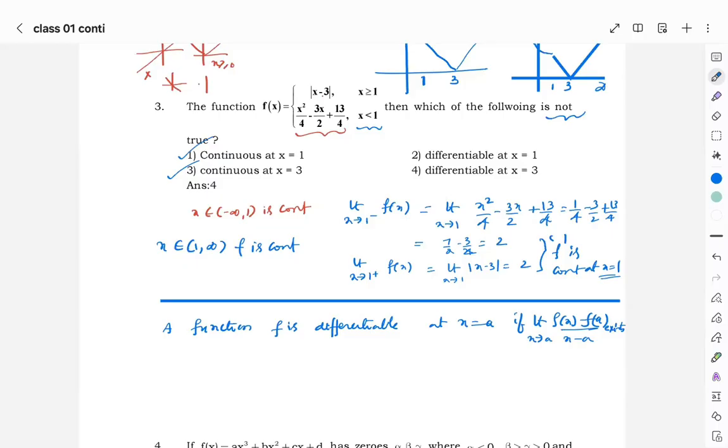This limit exists means maybe its value is 1, minus 1, half. Such kind of thing happens, we say it exists. Let us check differentiability of mod x at x equal to 0.